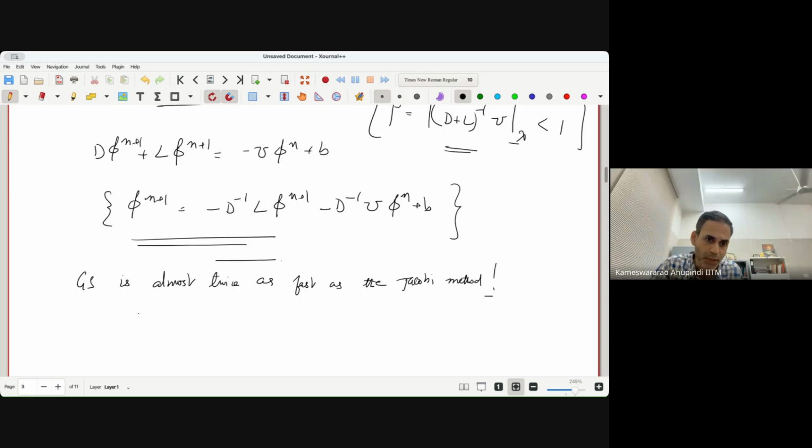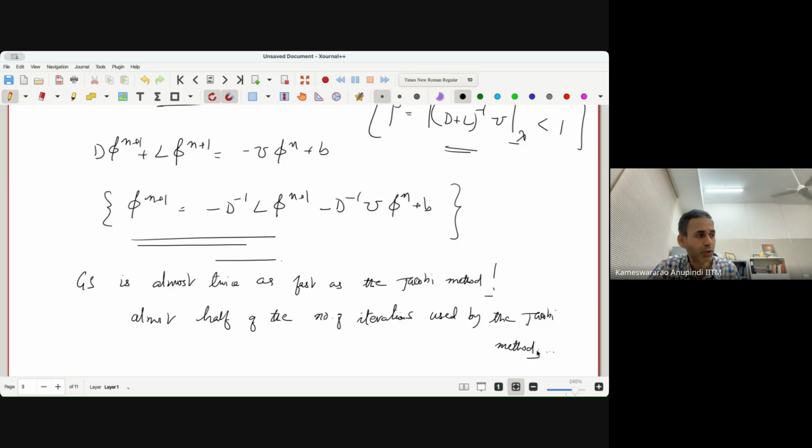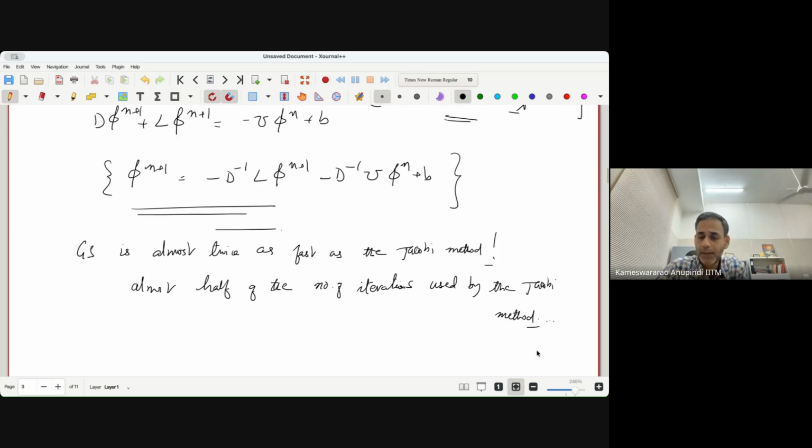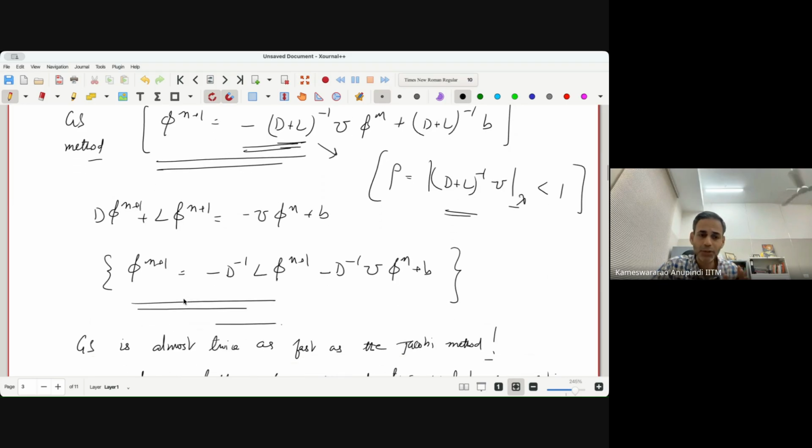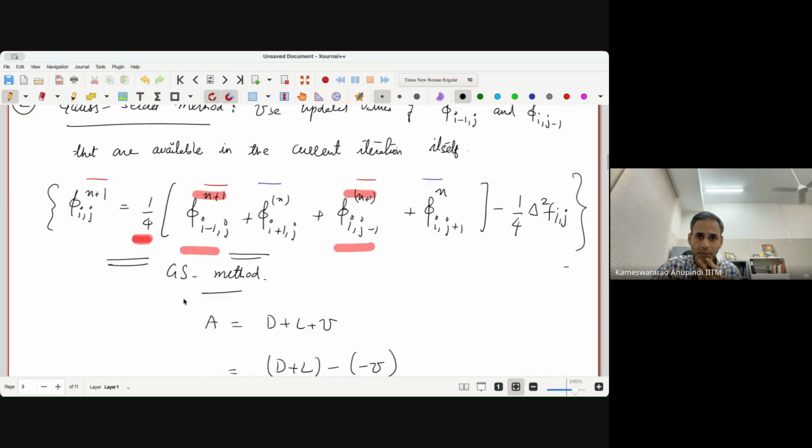That means it requires almost half the number of iterations used by the Jacobi method. If the Jacobi method is going to use 1,000 iterations, the Gauss-Seidel method for the same tolerance is going to use just 500 iterations and converge. So wherever possible we should use the Gauss-Seidel method instead of the Jacobi method.